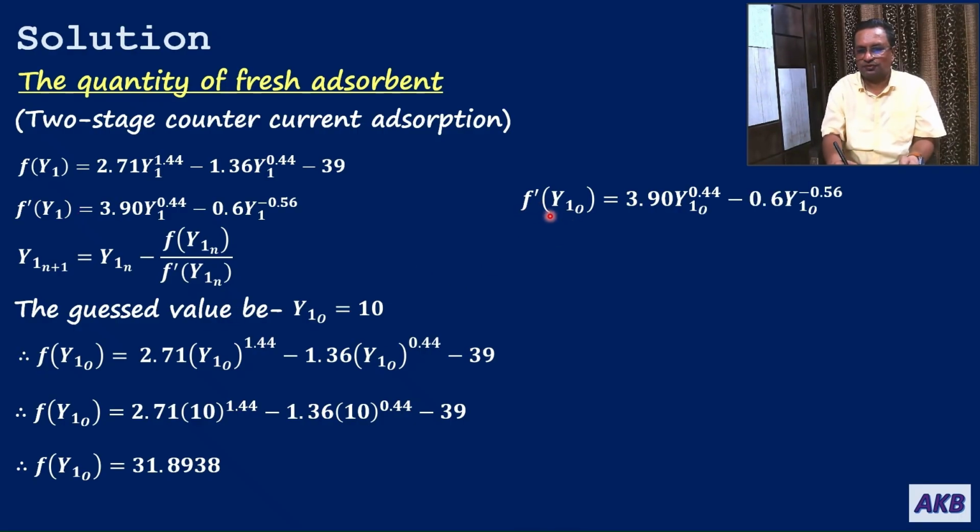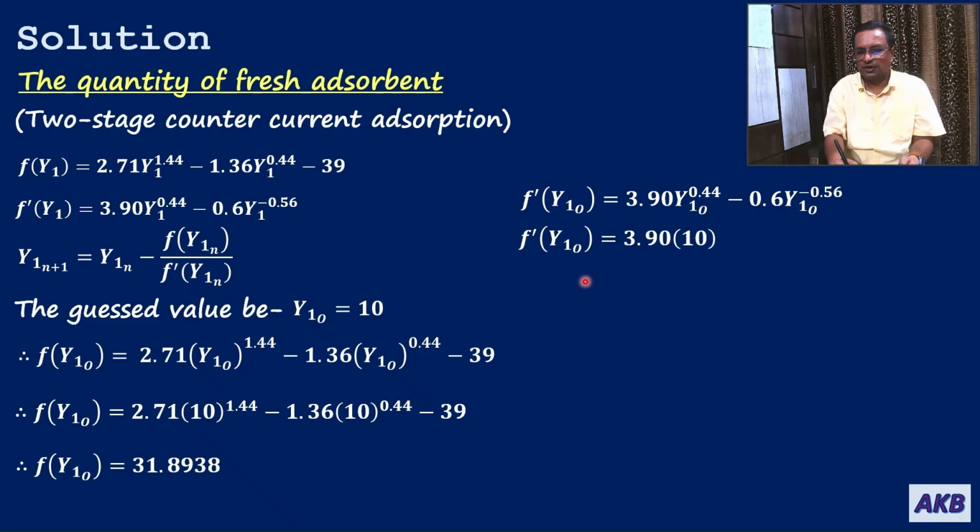Now similarly, we will get the derivative of the function at y10. So f dash of y10 will be equal to 3.90 into y10 raised to 0.44 minus 0.6 into y10 raised to minus 0.56.